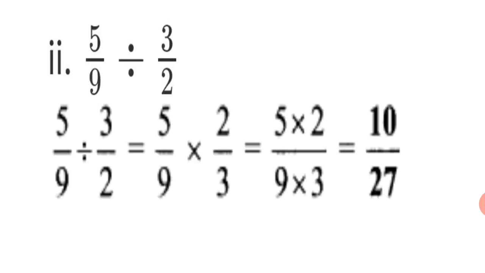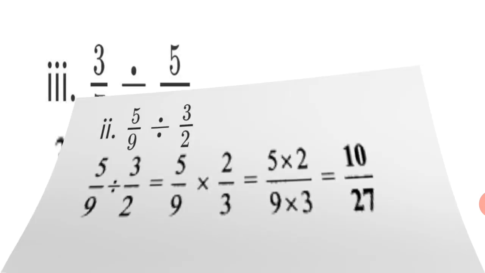Second sum, 5 upon 9 divided by 3 upon 2 is equal to 5 upon 9, division becomes multiplication. So 5 upon 9 into the reciprocal, 2 upon 3. 5 twos are 10, 9 threes are 27. 10 upon 27 is your final answer.